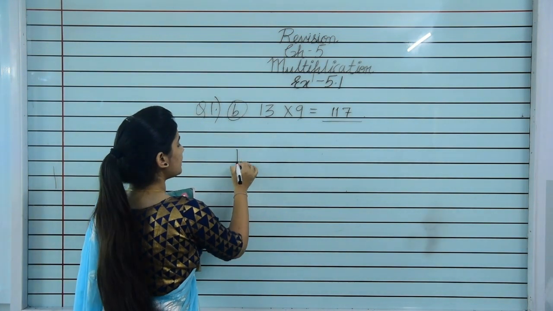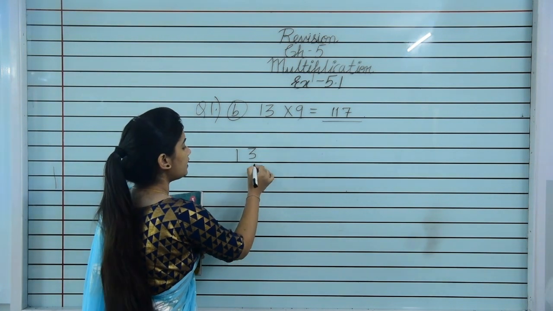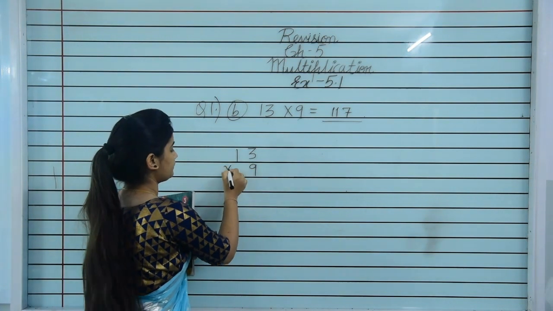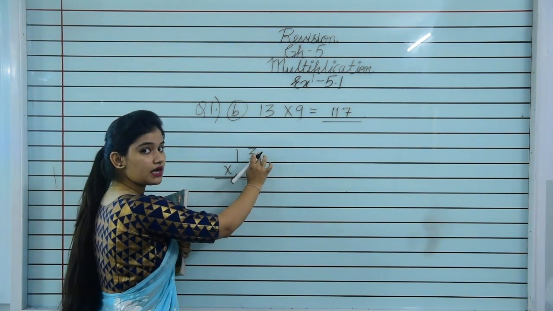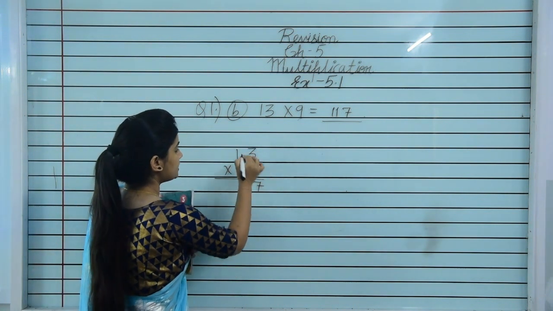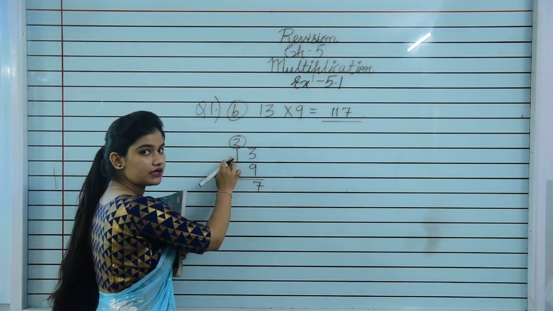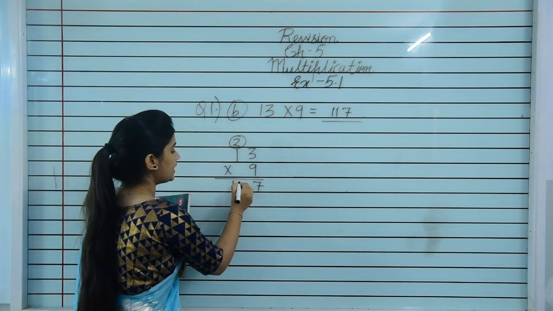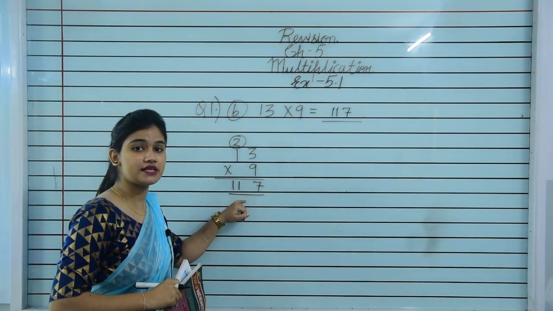But if we multiply like this, we have a two-digit number 13 and we are multiplying by 9. First we multiply the ones digit. 9 threes are 27, and we carry over 2. 9 ones are 9, plus 2 is 11. As we can see, the answer is 117.